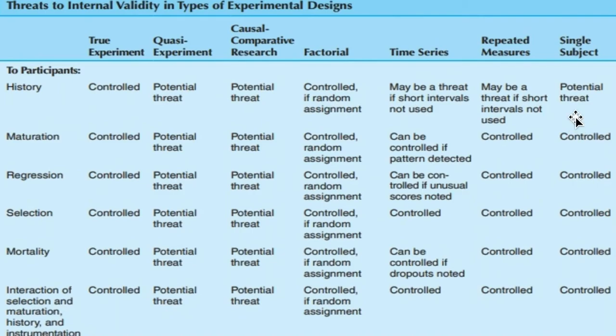Single subject, again, I have a potential threat in history. I don't think, in this case, I disagree with the author here, that the single subject controls maturation. Unless you are looking across multiple single subject studies. I strongly disagree with that.